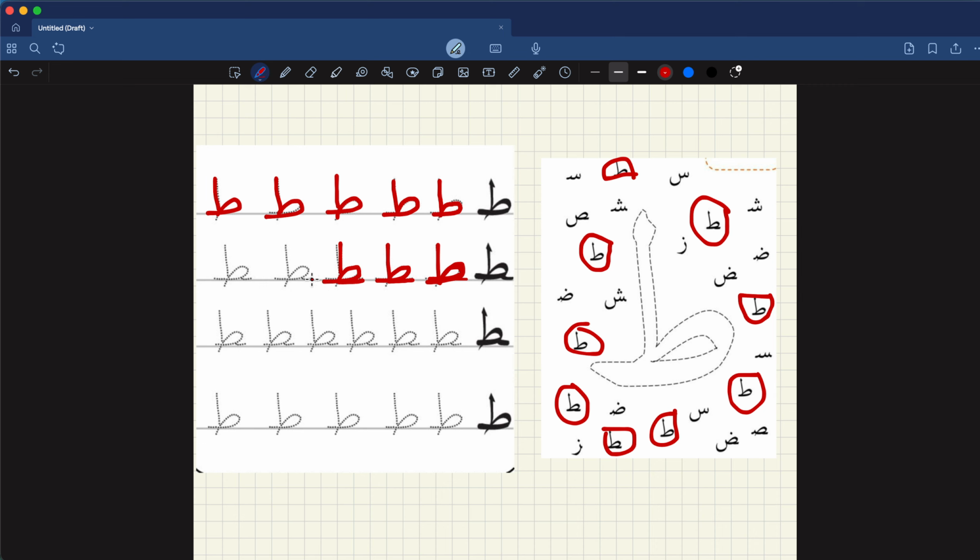The way of writing is very important: from right to left until this point, and after that from here we make the oval shape upwards and downwards, and after that to the left, and after that we write this line here. At the end of the word, connected, it's the same way.